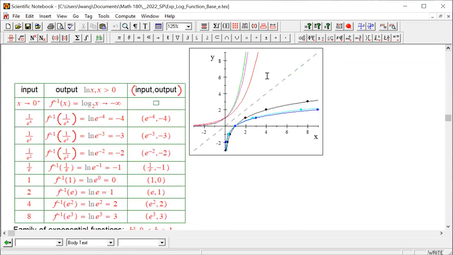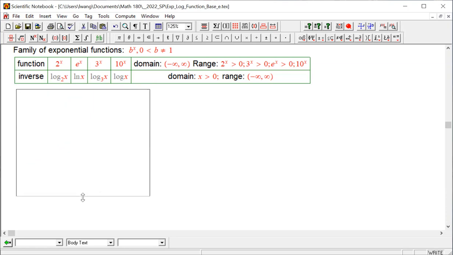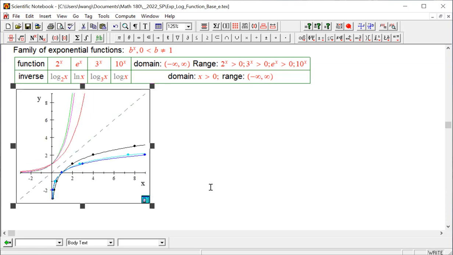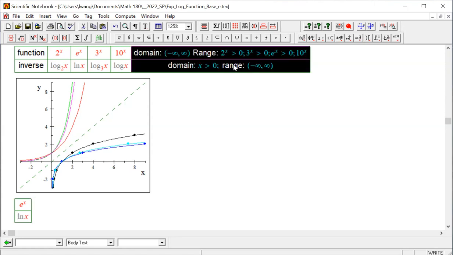So I'm going to bring that picture over here. That is the exponential function and logarithm function. And of course, our most favorite for your future courses are these two, along with their domain and range.